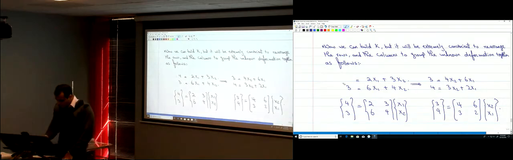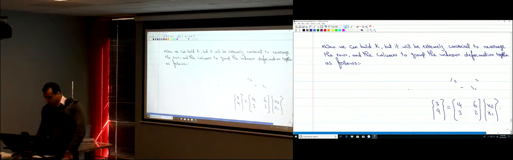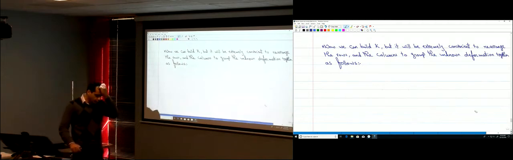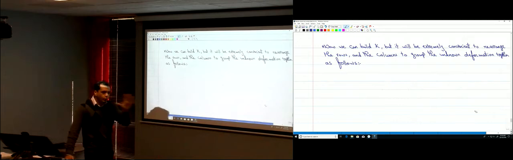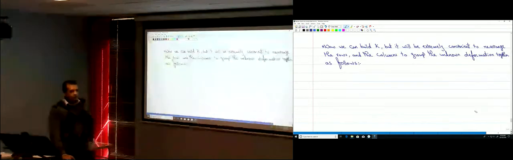So now, this is what I'm going to do here. I'm going to rearrange my matrix. I want to group the unknown displacements together, and the known displacements together, right? In this problem, we had 6 known displacements and 2 unknown displacements.